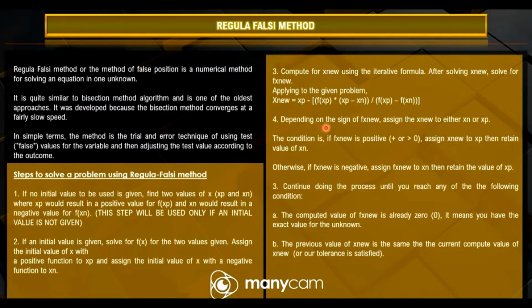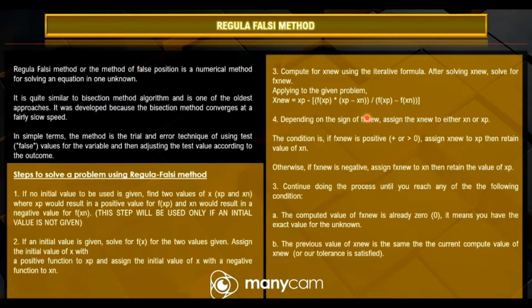Next, depending on the sign of f(x new), assign the x new to either xn or xp. For our next iteration, we can determine which value we will be using for xn and xp depending on the sign of f(x new) in our current iteration.